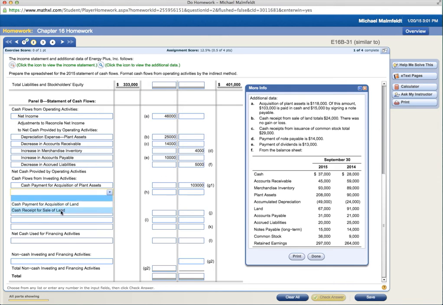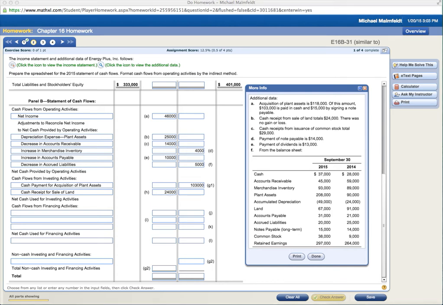Well, we received payment for sale of land. How was cash affected? It was increased by $24,000. Okay, so then that would bring us down if we were filling out this next line, which it doesn't have us do in this problem, but you see here it says net cash used for investing activities because the cash flows from investing activities were negative.